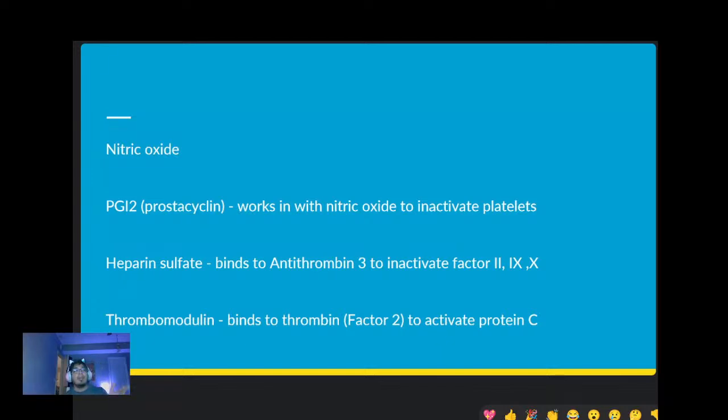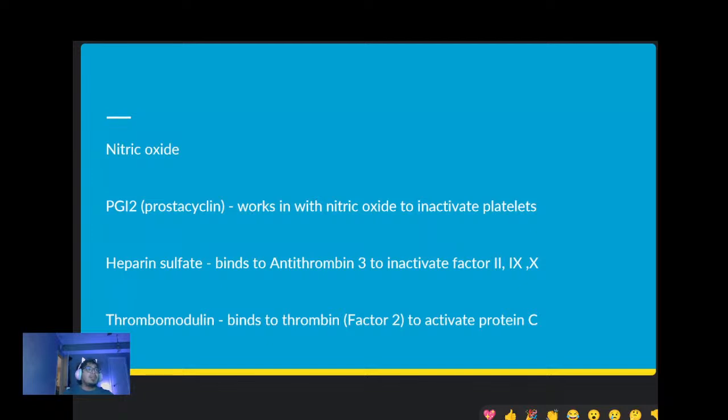Thrombomodulin binds to factor 2, which activates protein C. Protein C activates protein S, thus causing a series of events that results in lysis of fibrin clots.